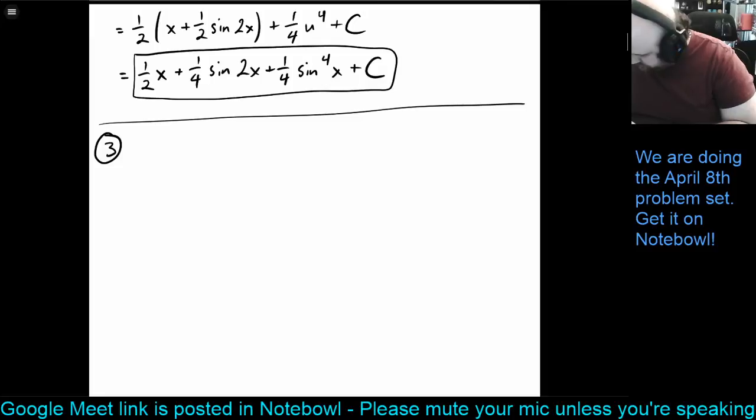Where the heck did this problem go? Those in another second.